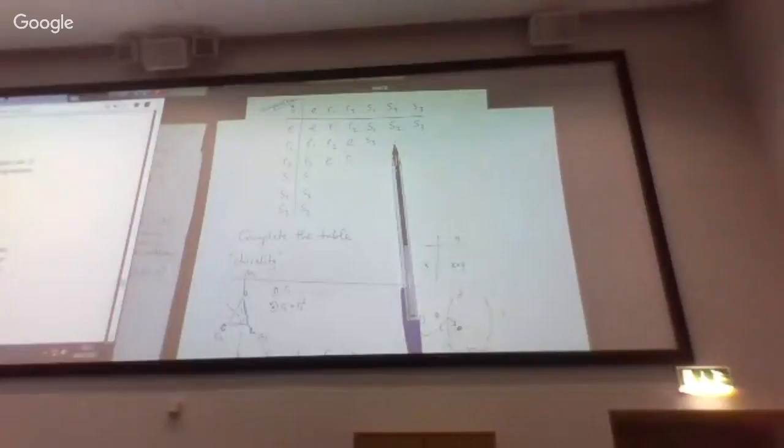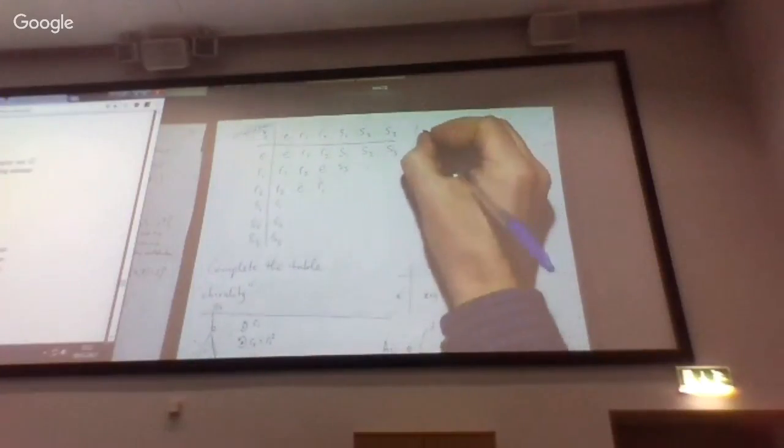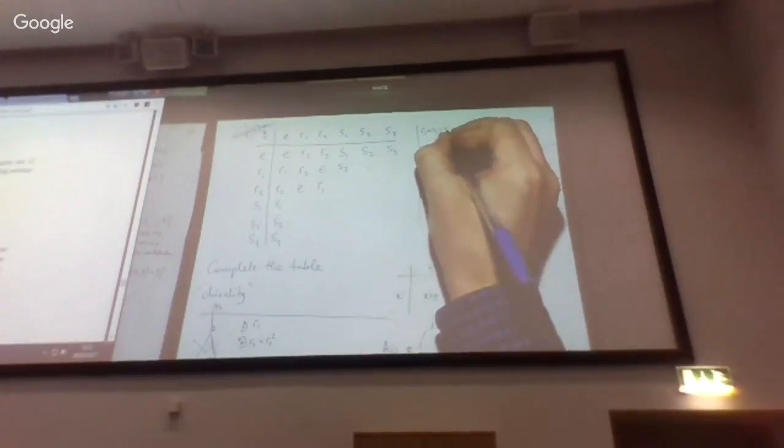And you can use the fact that every element has an inverse, and that things like associativity allow you to use these simple cancellation rules. We've already discovered that R1 after S1 is S3.